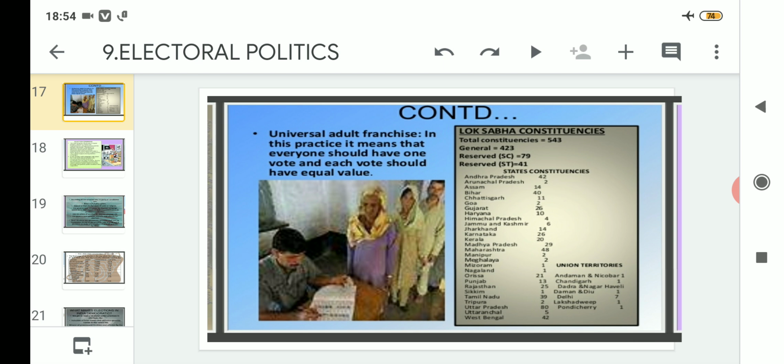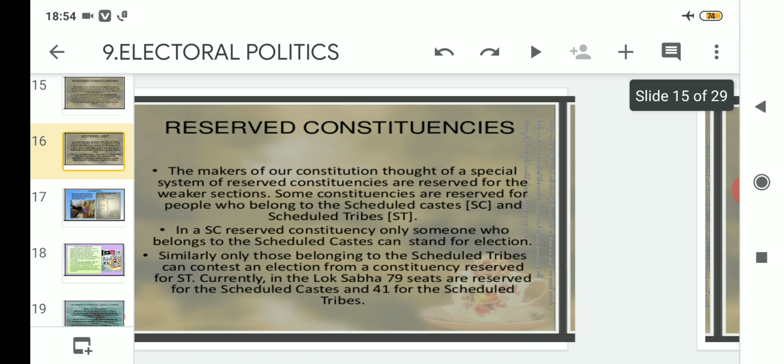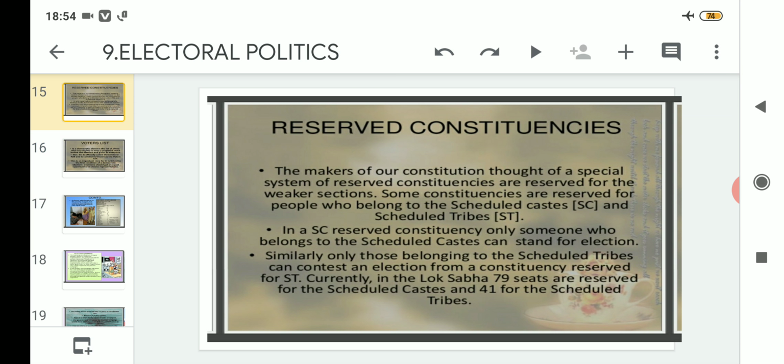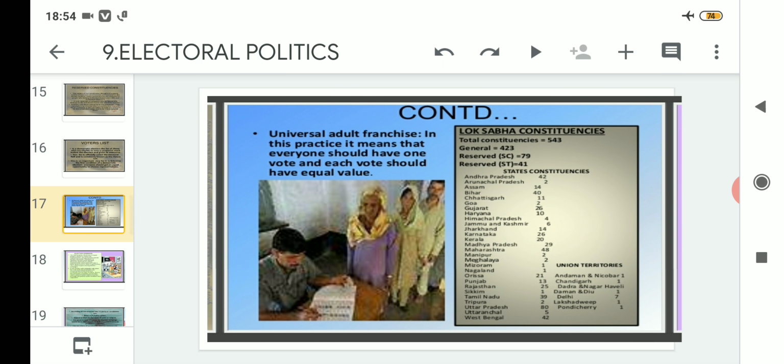In the previous class we read about the voter list and reserved constituencies, under which we came to know that in Lok Sabha 79 seats are reserved for the scheduled castes and 41 seats are reserved for the scheduled tribes. So let us proceed to understand how the seats are shared according to the sizes of the states.